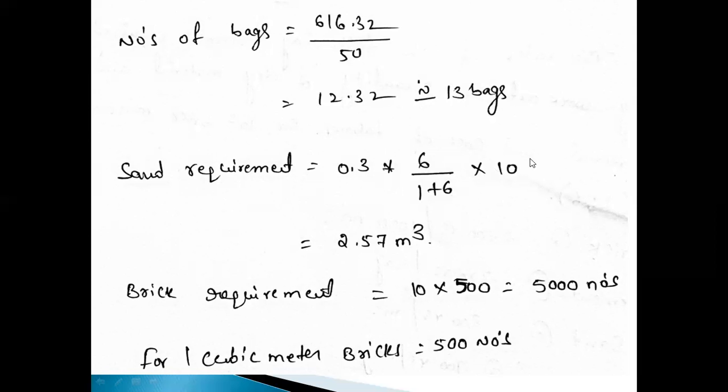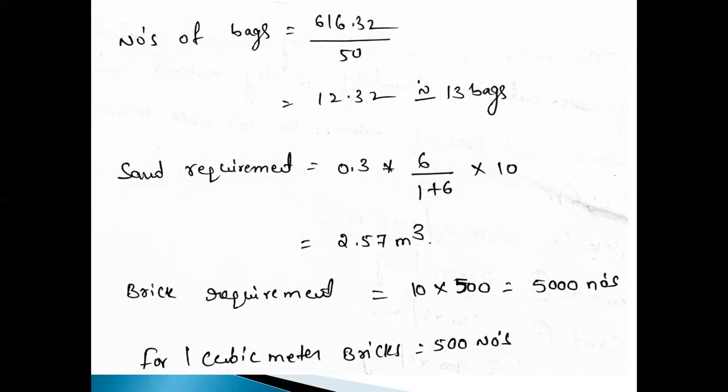It is the 10 cubic meter brick masonry quantity. So 0.3 is the dry volume of mortar, 6 is the sand ratio, and divided by sum of the ratio, 1 plus 6, into 10. That is equal to 2.57 cubic meter. This is the sand requirement, 2.57 cubic meter.